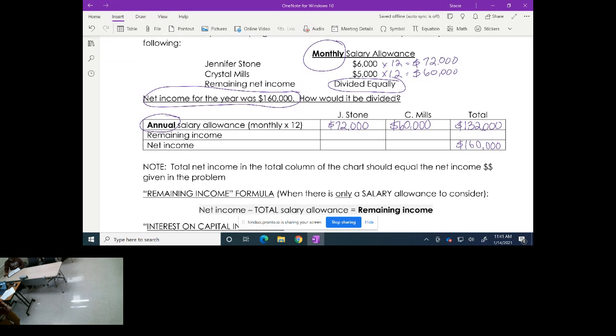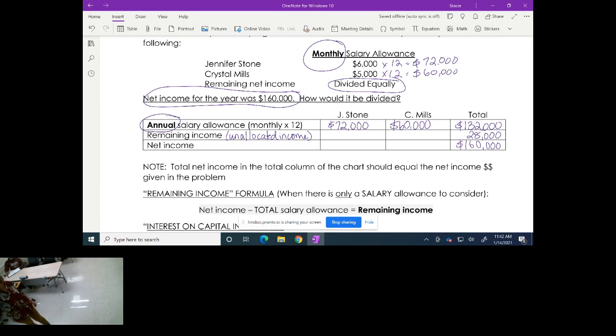You've got to come out with 160 at the bottom. So what would it take? Okay. All right, so that's your remaining income. Remaining income is the same thing as unallocated income, or loss, depending on the problem. Okay, so how much is each one of them going to get?